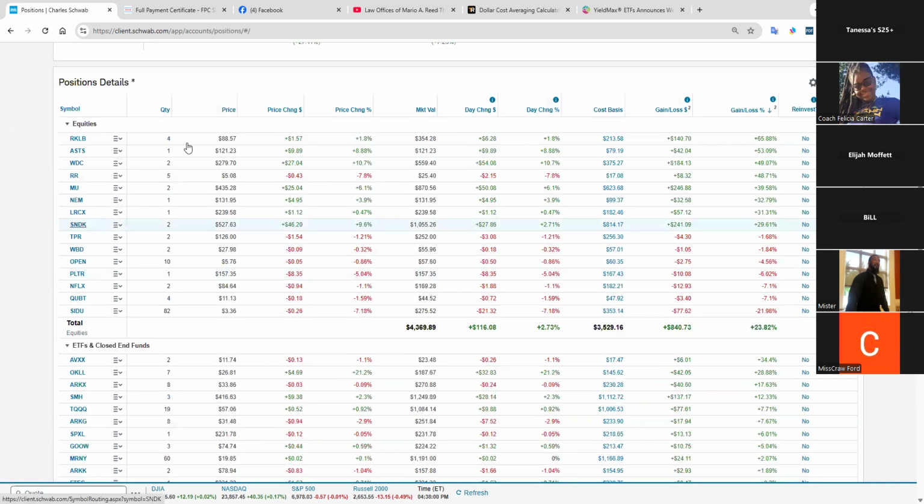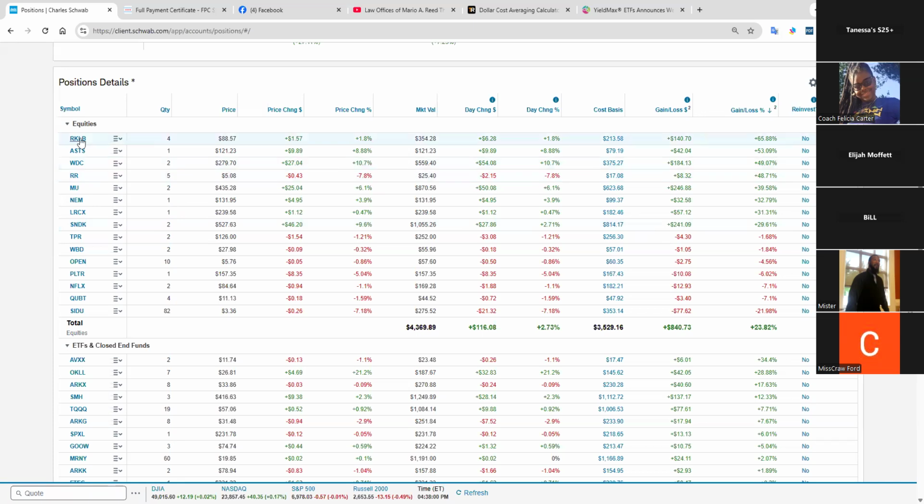It was at the top previously, but now it's 29.61. And that's because my cost basis is now much higher, but that's the name of the game. I want to keep adding to the position. So it's going to be a case where it's going to go down.